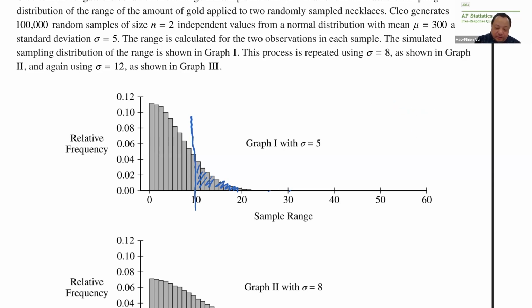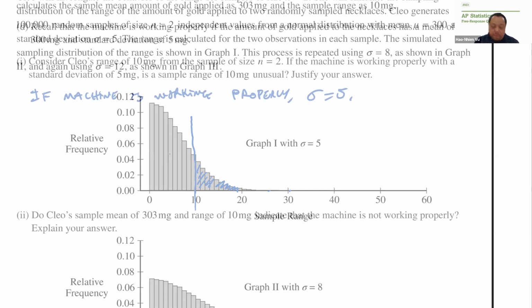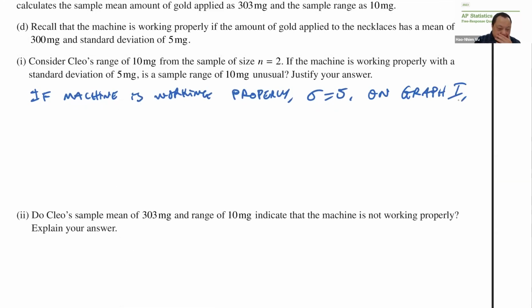In fact, if I try to draw that area, it looks like about 1/5 of the graph, or maybe 1/6 of the graph. I'm going to pick a number. I'm going to say 0.15. On graph 1, the probability that the sample range appears to be about 15%.